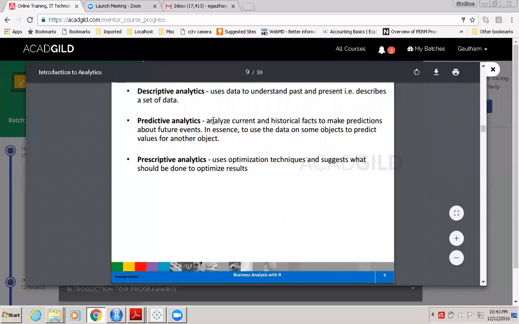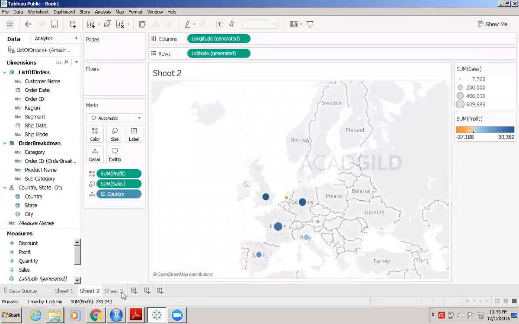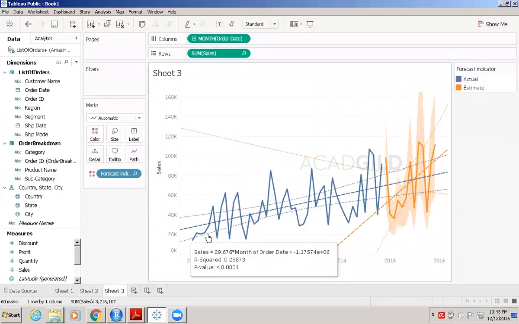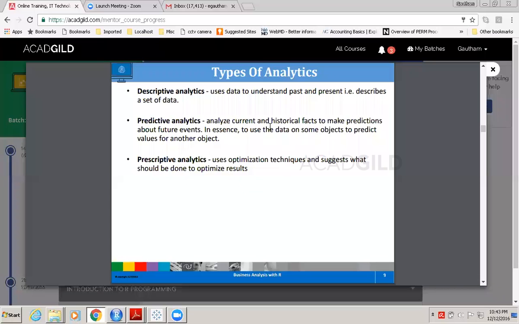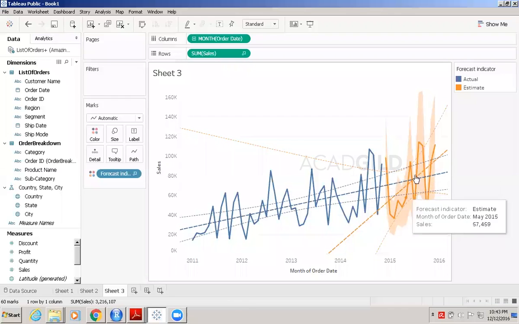Predictive analytics, we have seen one example where we have seen how we can use the current and the past data to analyze the future, correct? So this is predictive analytics. Prescriptive analytics, this is where it becomes more complicated. It uses optimization techniques and suggests what should be done to optimize the result. This is where we get into the more advanced form, because in predictive analytics we are only telling what it could be based on existing factors.